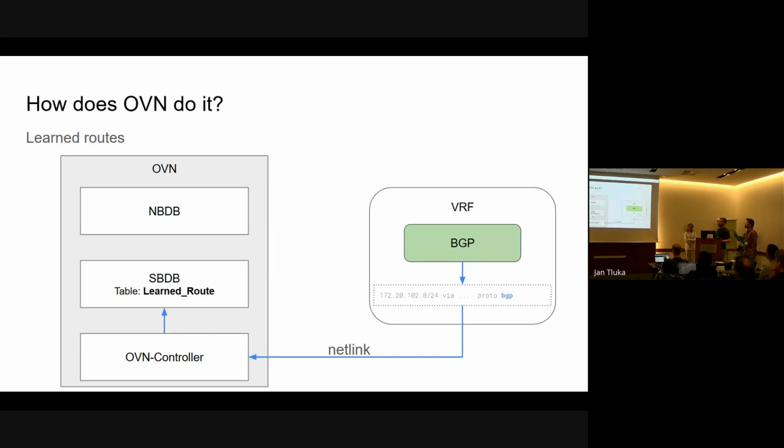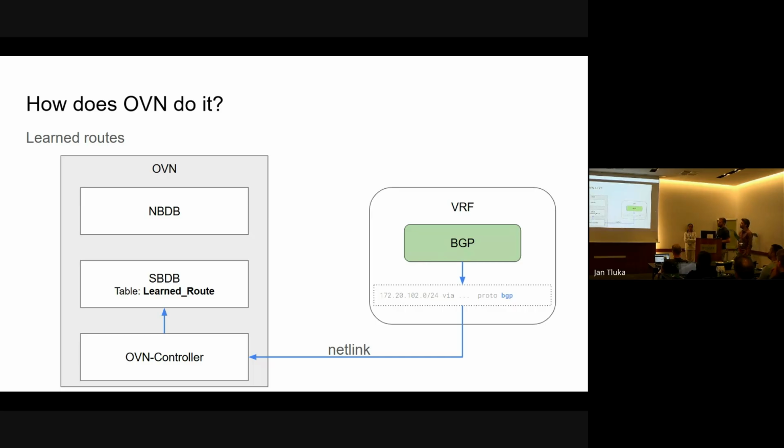It's a very similar story for learning routes, just the other direction. The BGP daemon learns the routes, it inserts them into the VRF, then the OVN controller reads those using netlink and programs them into the learned route table in SBDB.